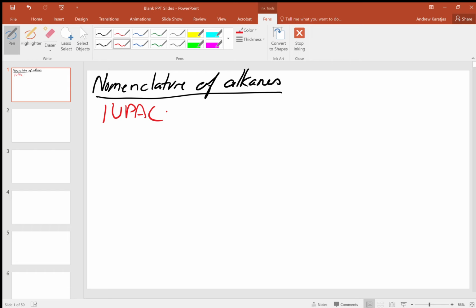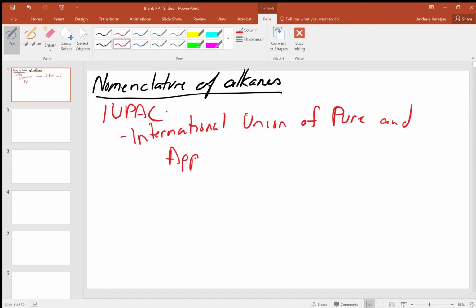And what does that mean? IUPAC is the International Union of Pure and Applied Chemistry. And they've devised this system of nomenclature that is what we use for naming organic molecules.